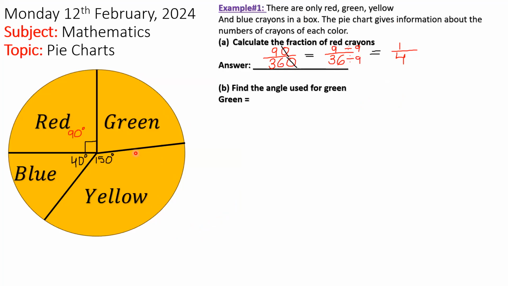You would add up all the angles and then subtract from 360. Okay, good. We add up all of the angles and then subtract it from 360. That's what you're saying.